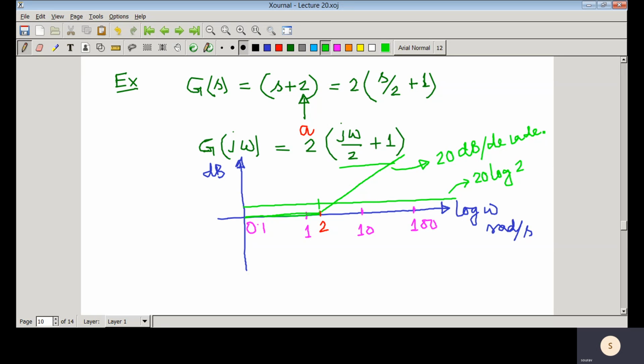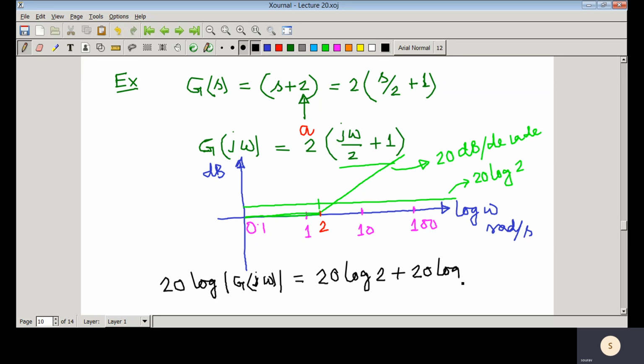So now if we take 20 log of G(j omega), what do we get? We will get 20 log 2 plus 20 log of this particular factor, that is j omega by 2 plus 1.